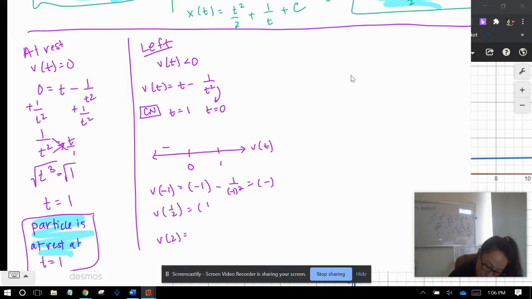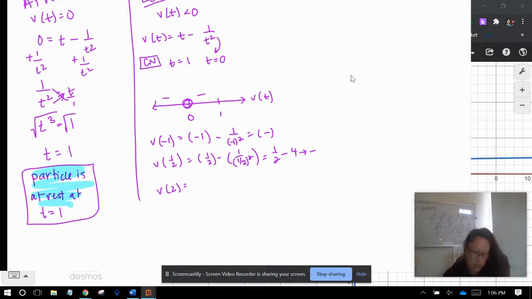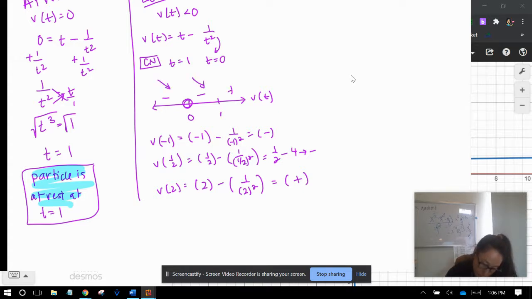And then 1/2 minus 1 over 1/2 squared gives me 1/2 minus 1 minus 4, which is definitely a negative. Okay. And I'm just going to put an open circle here because we're undefined at 0. Okay. And then v of 2 would be 2 minus 1 over 2 squared, which is going to be a positive since it's 2 minus 1/4. Okay, so positive.